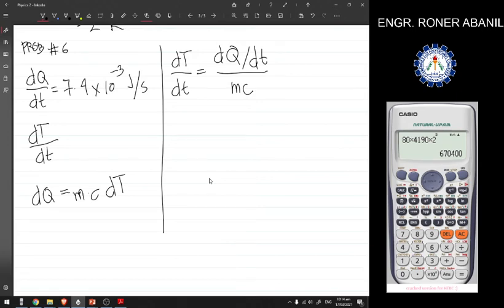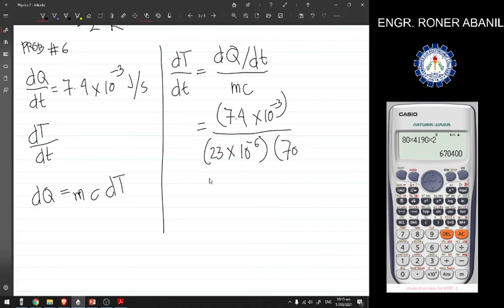Or we have dQ over dt of 7.4 times 10 raised to negative 3 over our mass, which is 23 milligram. So, let's convert it to kilogram. When I convert it to kilogram, it becomes 23 times 10 raised to negative 6 kilogram. Multiply by 705.